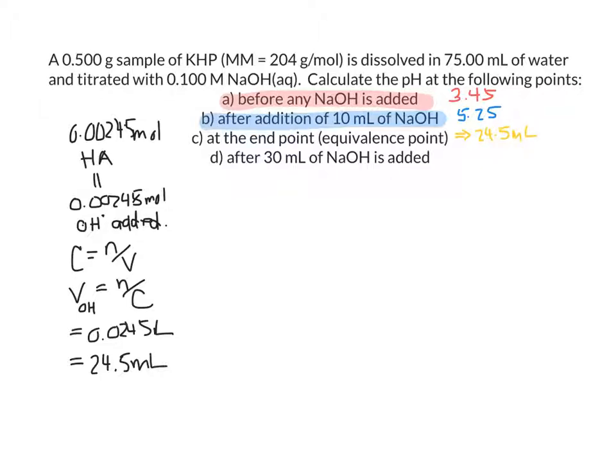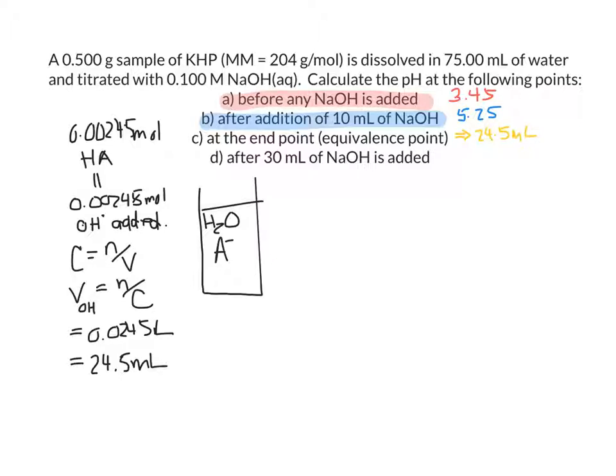Once I know this, I can proceed with my problem by doing the same thing that I did for the other two problems. First, let's imagine what we have in our beaker. At the equivalence point, we have water, because that's our solvent. We've used up all the weak acid, all the KHP, to make conjugate base. And so we basically just have water and conjugate base left in our beaker.